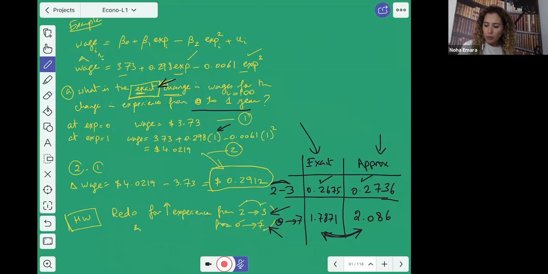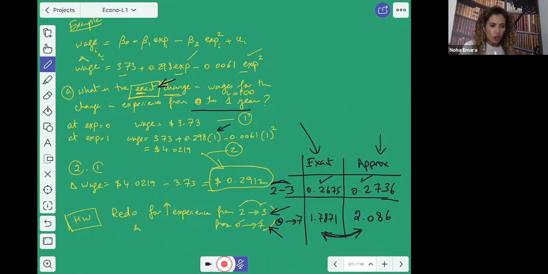Okay, so anytime you have a question about the exact versus the approximate change, what you need to do is just check your question. If that question is asking you for the exact, then do exact. If I'm asking you about the approximate, then do that as the question is saying. But if I don't tell you in the question what to do, you have 2 options, either exact or approximate.